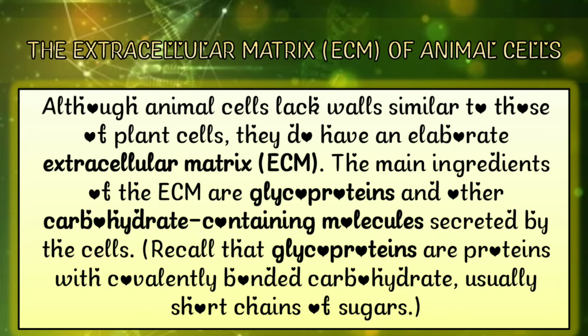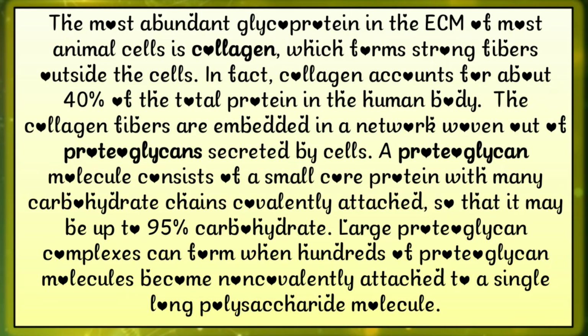The main ingredients of the ECM are glycoproteins and other carbohydrate-containing molecules secreted by the cells. The most abundant glycoprotein in the ECM of most animal cells is collagen, which forms strong fibers outside the cell. In fact, collagen accounts for about 40% of the total protein in the human body.